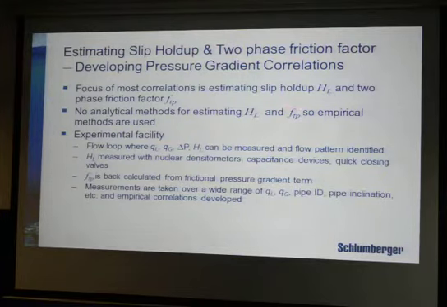Two things I just mentioned, slippage and flow design, are very important, and another thing that depends upon them is the friction factor, FTP. So HL and FTP. Many of the correlations are based on work where the scientists have not considered HL and have not considered the flow design.